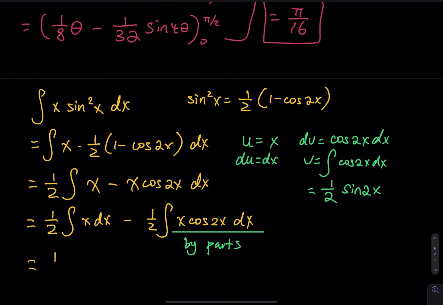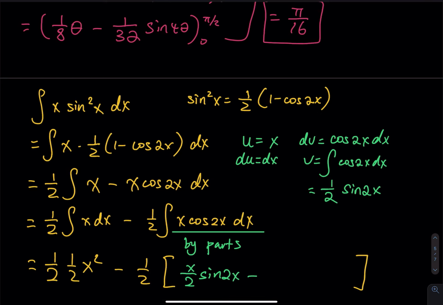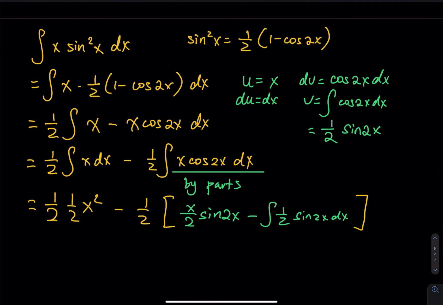So this is 1/2 x squared over 2 minus 1/2 times the result of the by parts. Let's put the by parts in green. So uv would be x over 2 sine of 2x minus the integral of v du, 1/2 sine of 2x dx. And then we can distribute the 1/2 and integrate.